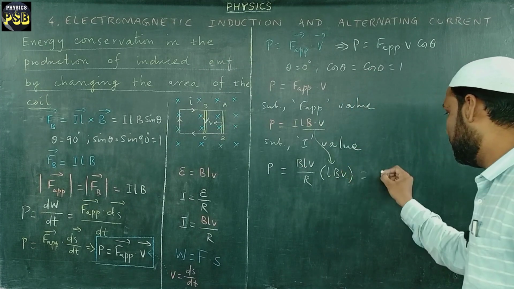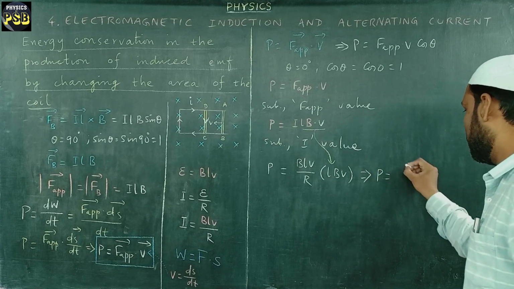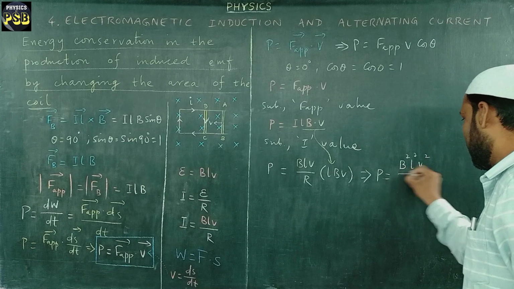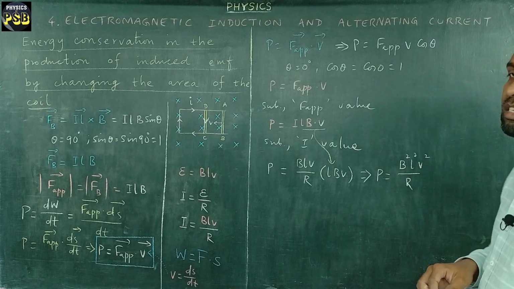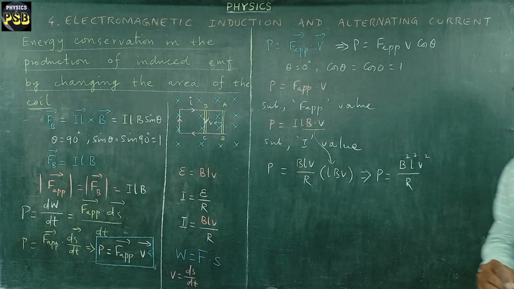Then the next step is going to be equal to B squared L squared V squared upon R. This is the final expression we obtained, which represents the power.